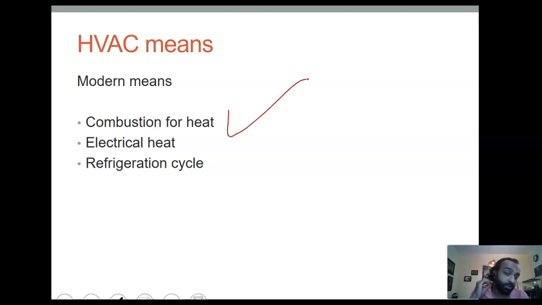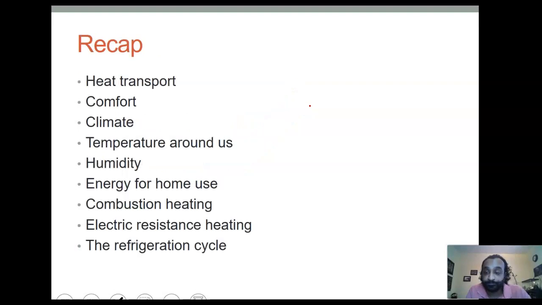Either combustion for heat, where we're burning fuel, we're burning oil, we're burning gas, we're burning wood, or we can use electrical heat, which is basically using electrical coils to heat water and air, or we can use a refrigeration cycle, which can be used for heating and cooling as well. It's called a heat pump. So these are the means we have so far to heat or control temperature and humidity in buildings.